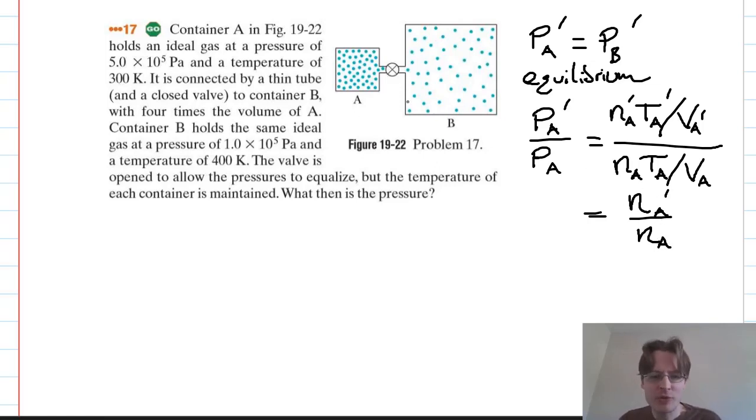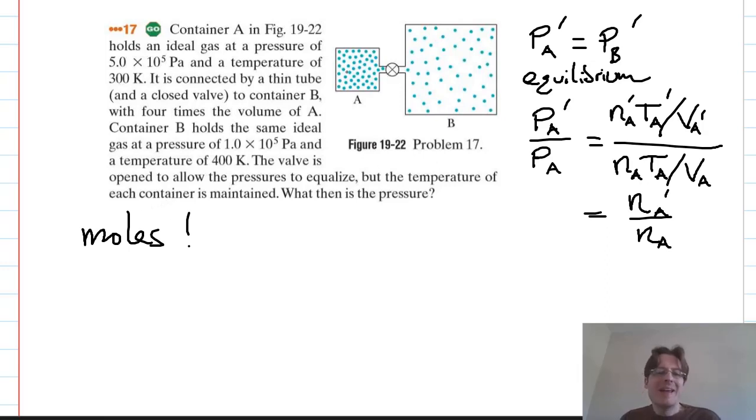I don't know how many moles of gas there are in the two containers. However, we'll be able to figure it out based on what is given. So it outlines the strategy here, which is that I need to think in terms of the number of moles of gas to figure out what the pressure is going to be. Okay, so what do I know about the moles of gas in the container?